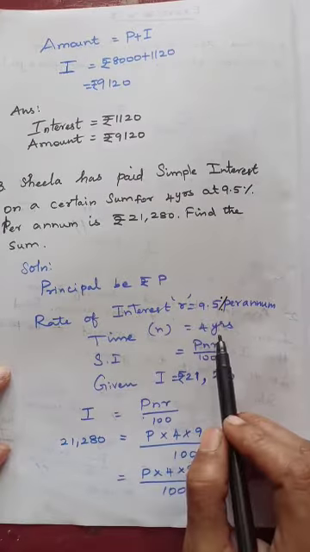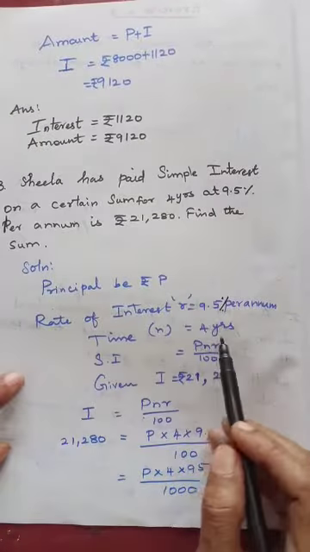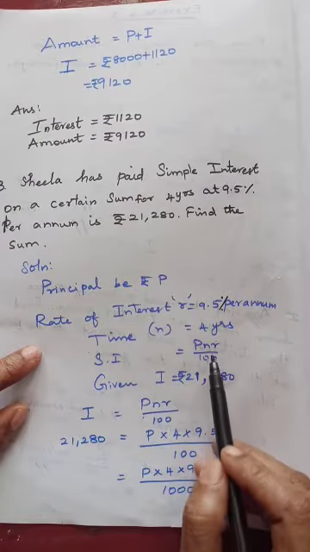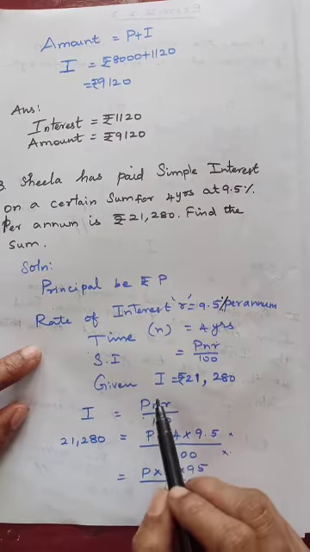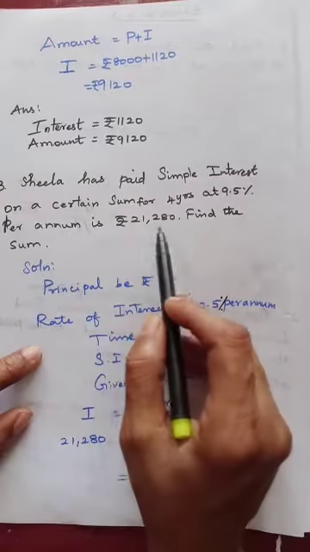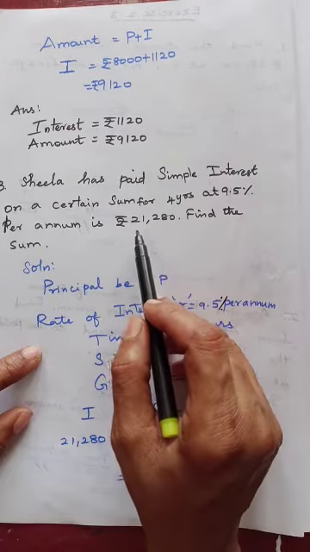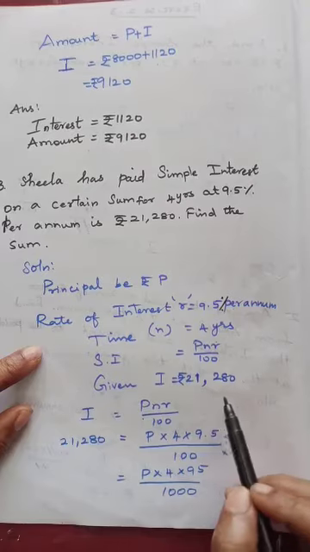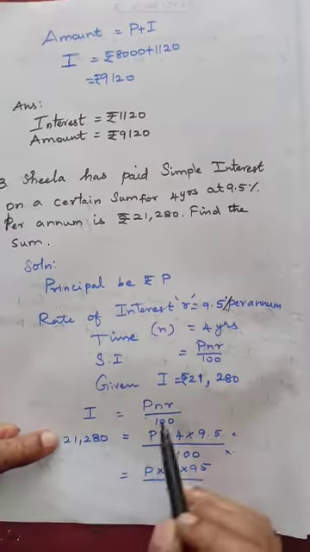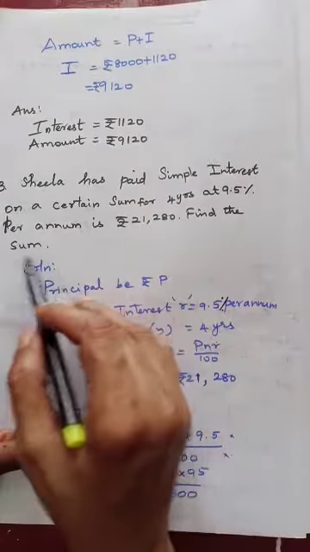Time N is equal to 4 years. So SI is equal to PNR by 100. The interest we know is 21,280. So we need to find the sum of money.